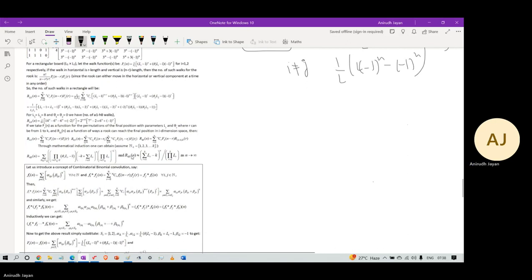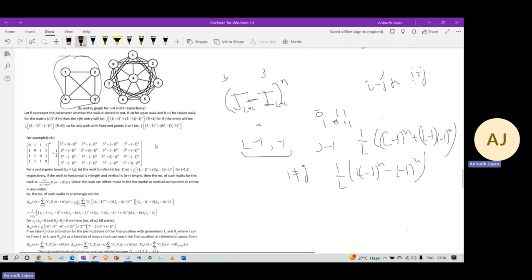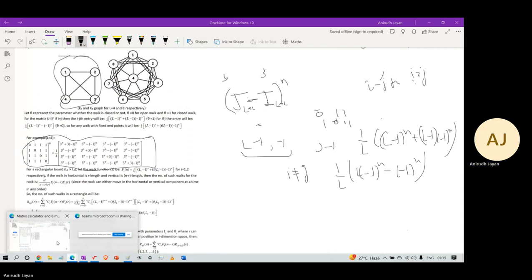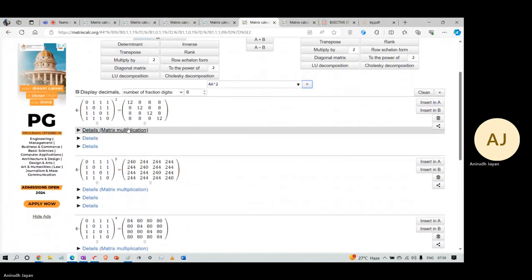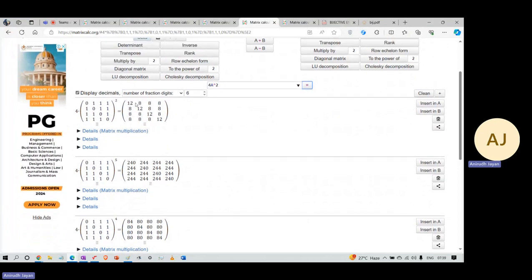Now, one can observe this from this matrix. Take L equal to 4 as an example. You have a 4 cross 4 J minus I, and take the square.